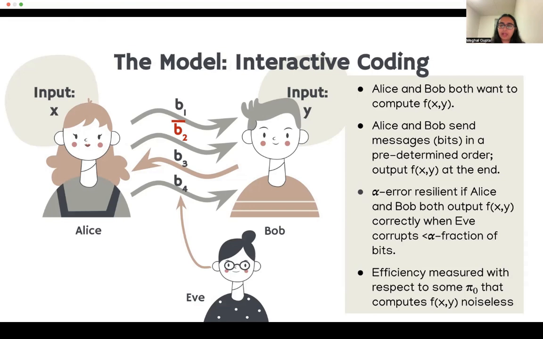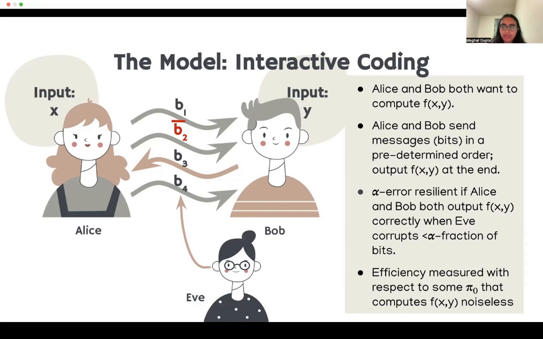So if Eve corrupts less than alpha fraction of the total bits sent, then Alice and Bob will be able to successfully determine f of X comma Y. The efficiency of such a protocol is measured with respect to some pi naught that computes f of X comma Y in the zero noise setting.